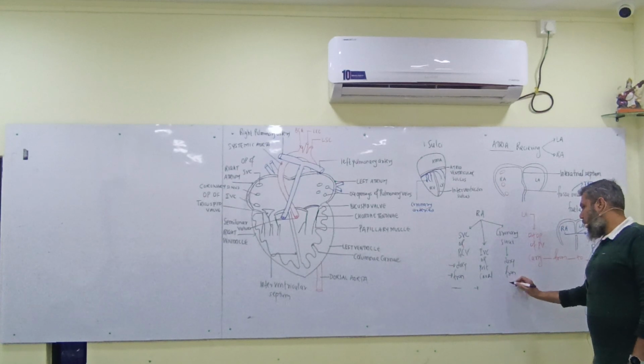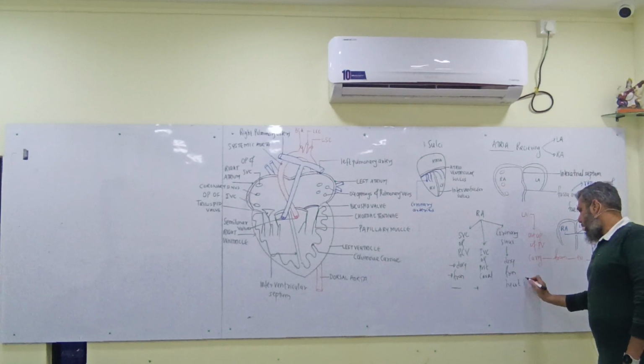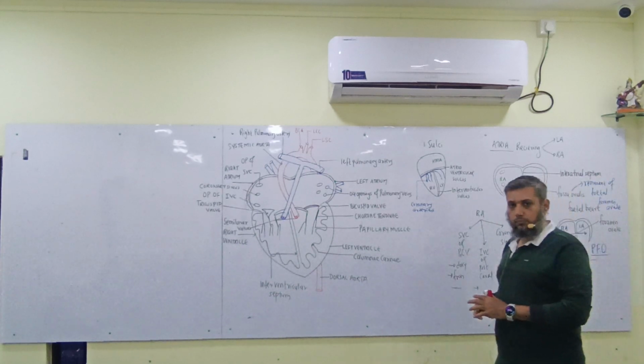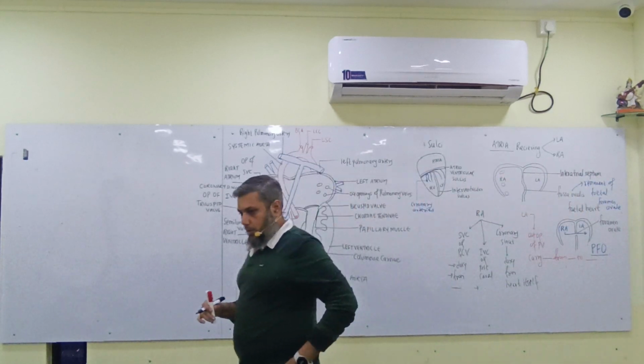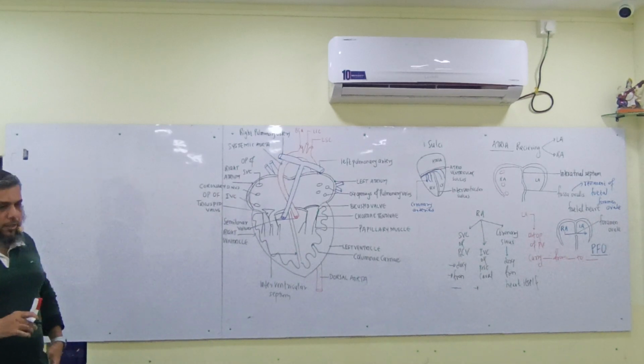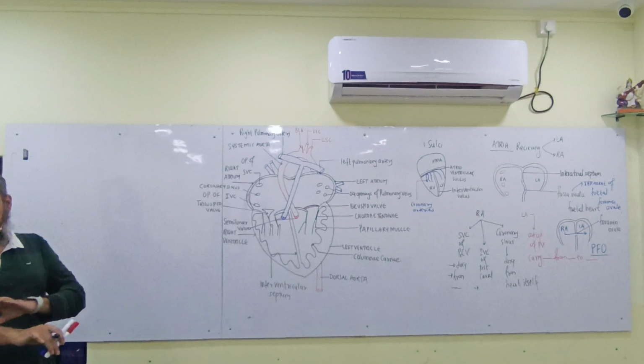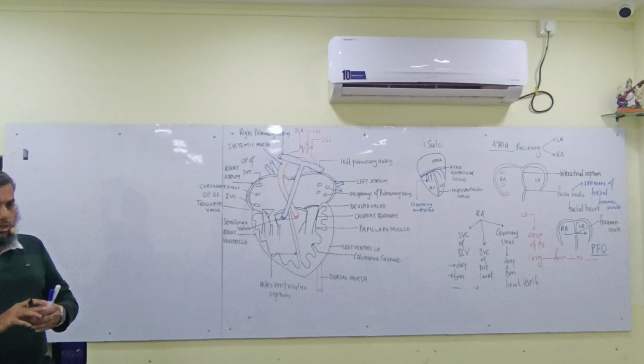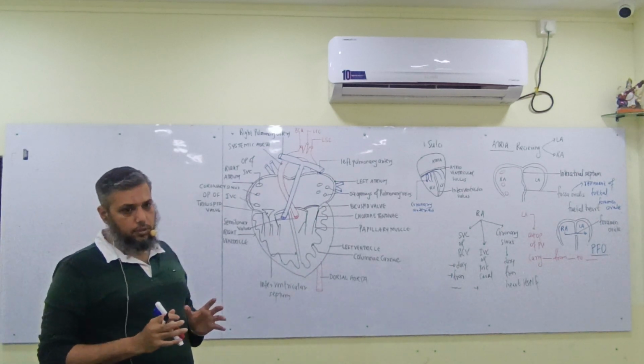Deoxygenated blood from the heart itself. Okay, everybody? So कितनी openings हो गई? 3. कौन सी? Superior vena cava, inferior vena cava, coronary sinus.